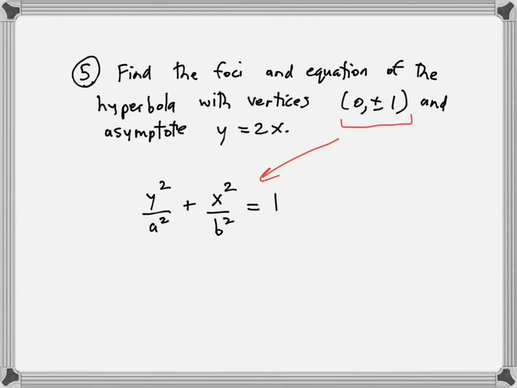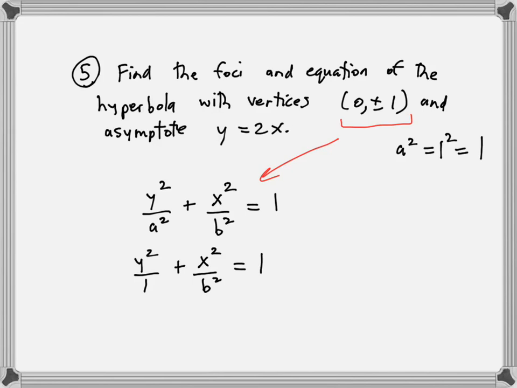Okay. We know it's that type, and not only that, but we know what a is, right? A squared has to be 1 squared, which is just 1. And so we end up with y squared over 1 plus x squared over b squared is equal to 1.